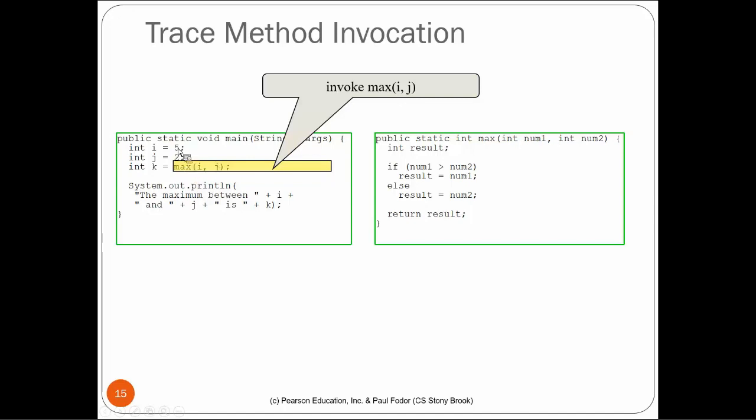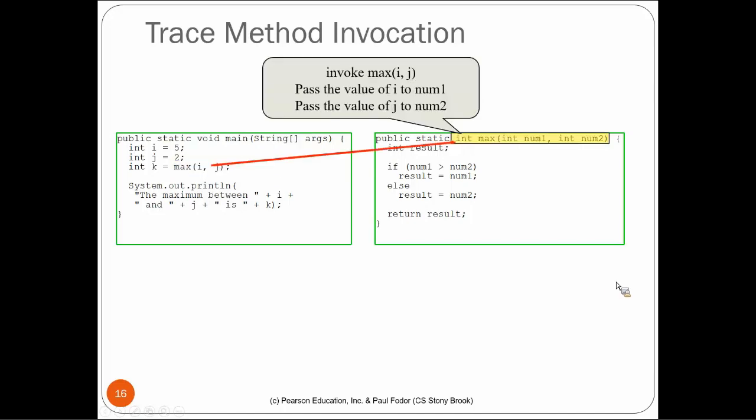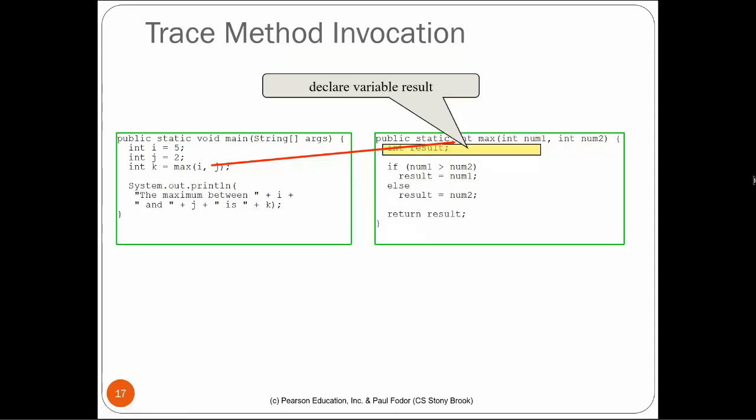So now we need to evaluate max of i and j. i is 5, j is 2. What happens is that we copy the values of i and j to the corresponding variables in the same order, num1 and num2, the formal parameters within that method. So we copy the value of i, which is 5, to num1, and of j, which is 2, to num2. Then we start executing separately the max method. We define a result variable equal to 0.